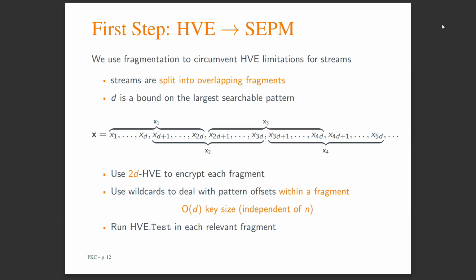So concretely, you have a pattern match system, a kind of hidden vector encryption with key size independent of the size of the stream. So it's exactly SCPM. Thanks to the fragmentation approach, we actually have a generic transformation from hidden vector encryption to SCPM.